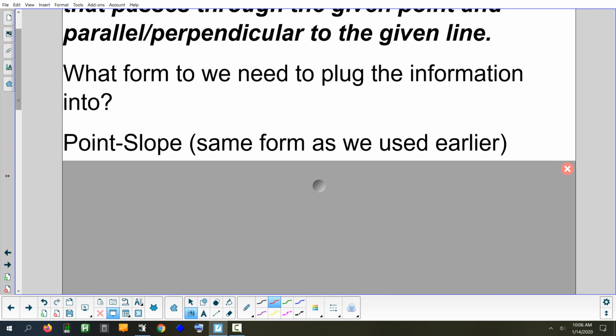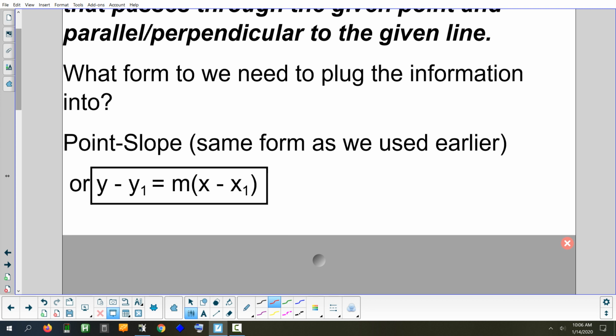Same format we used earlier. I'm not even going to ask you guys the whole thing, because we've done it a lot. It's in the box: y minus y1 equals m times x minus x1. So always start with this, and then if you need to, change it at the end.